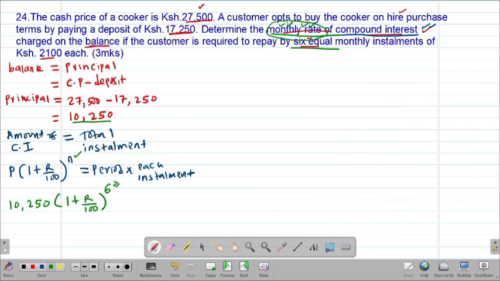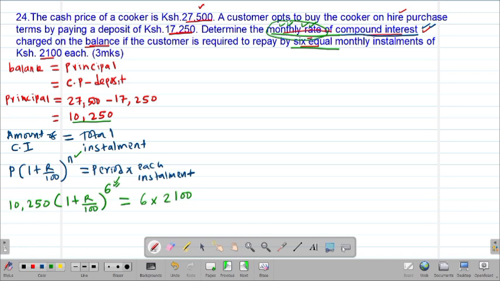Therefore, we work with 6, which is the period of investment, of course, 6 months, then multiplied by each installment, which was 2,100 shillings.